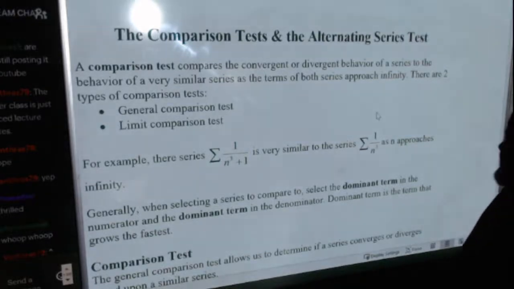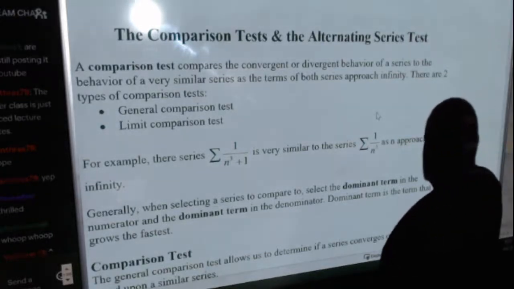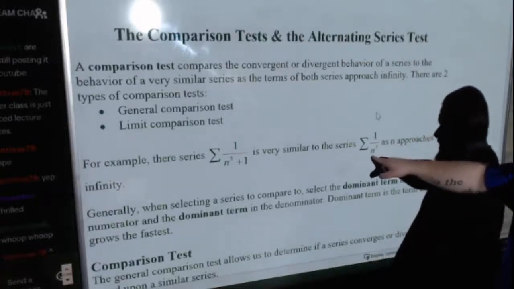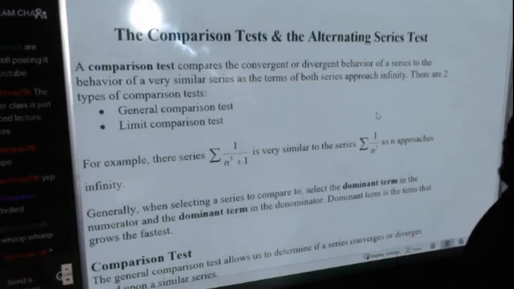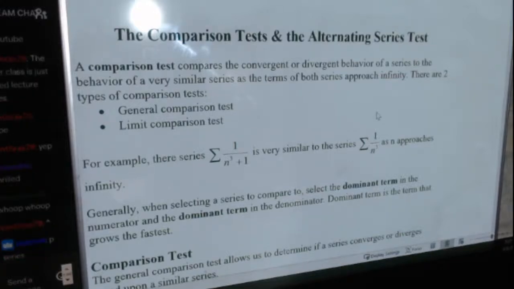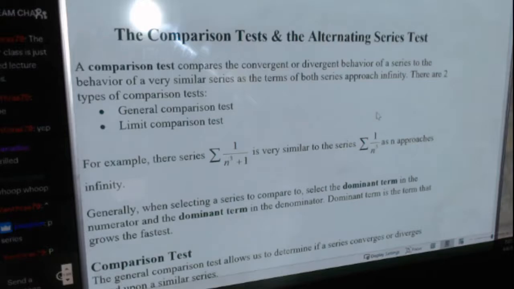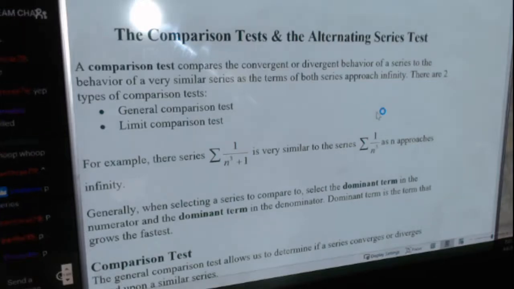And the reason we want to do something like this is we know what kind of series this is, guys? That is a p series, correct. It's n to the p power.